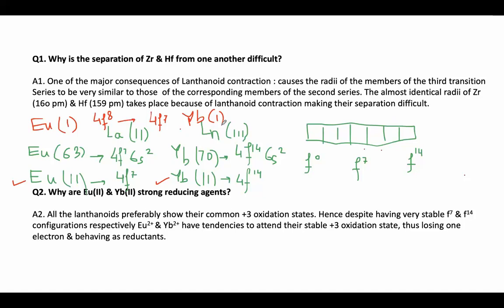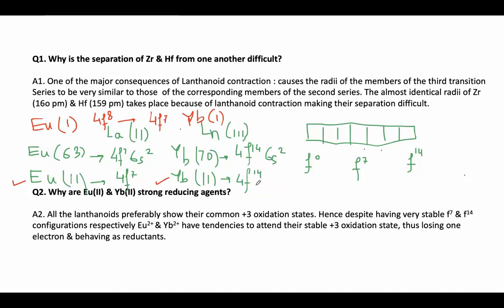But that is not the case over here. You see, though these 4f7 and 4f14 electronic configurations are very much stable, stability does not always arise depending upon the electronic configuration. The electronic configuration is obviously one of the major parameters to determine the stability of a system, but besides that, there are other parameters also.